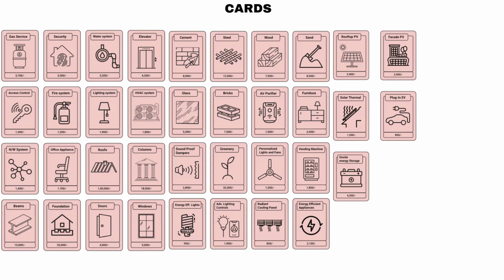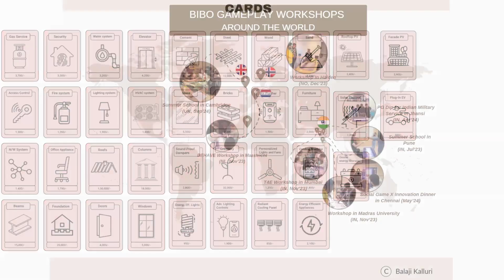How to balance economy versus design is something we thought the game should educate them about. Therefore you have three design elements in the card: the title, the image, to intuitively help participants from different backgrounds understand what the card or title means, and the cost or economy of that particular element.